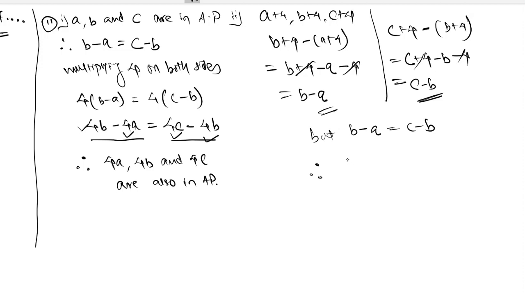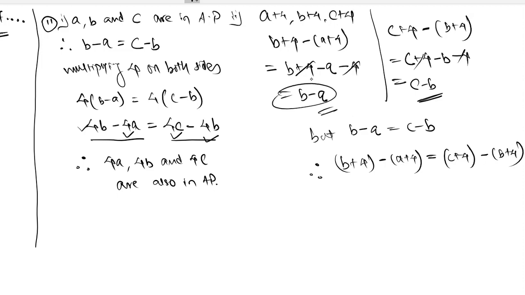Therefore, B plus 4 minus A plus 4 should be equal to C plus 4 minus B plus 4. Because if the final answers are equal, that means the expressions from which they were derived must also be equal.